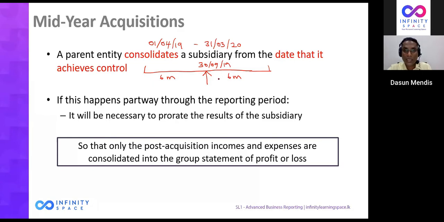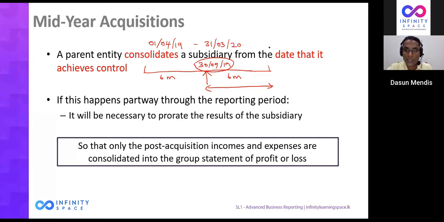In the case of the mid-year acquisition, what you consolidate is this period. You have to time-apportion the income and the expenses of the acquired subsidiary, and consolidate them in the income statement. Then on the date of acquisition, you need to calculate the goodwill, and you have to measure the non-controlling interest, either by using the proportionate net asset basis or the fair value basis.